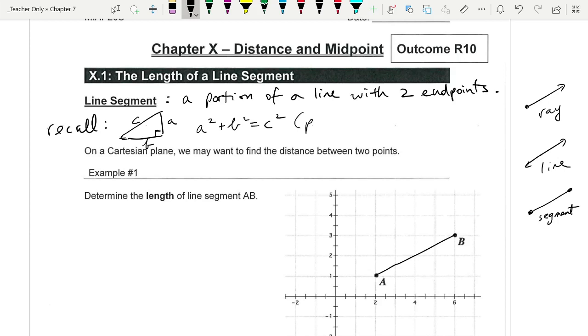Good old Pythagorean theorem. All right. So that's where we're starting, with those 2 ideas in mind. Chapter X. There we go.